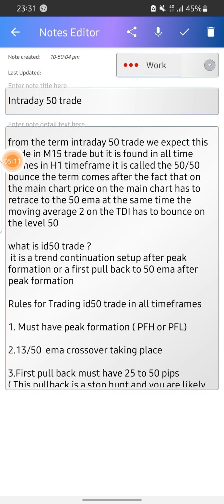So for us to have an ID 50 trade, we need a peak formation. Let me show you what I'm trying to say in a sketch.